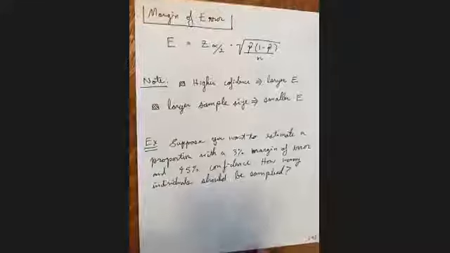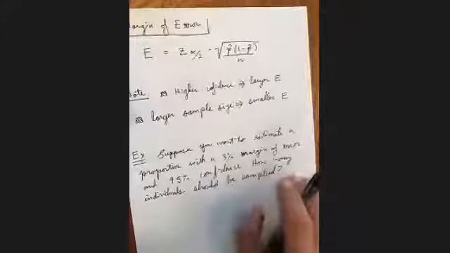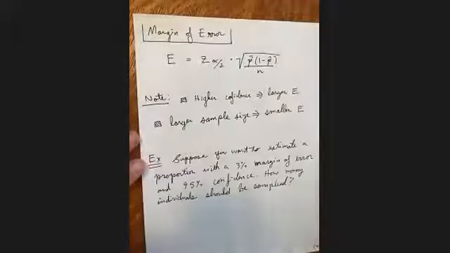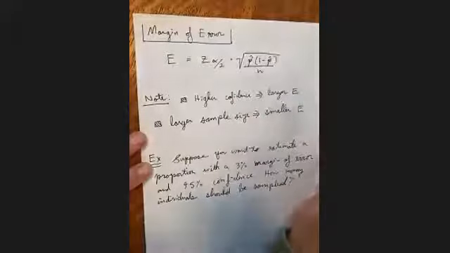So there are a couple important observations to make about how these confidence intervals behave depending on how much confidence we are interested in having, and also the size of the sample that we're taking from the population. In order to understand it, it's best to think in terms of what we call the margin of error.